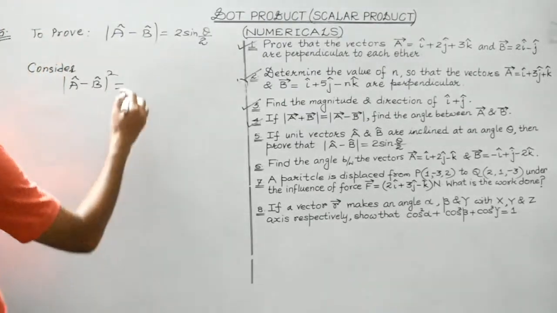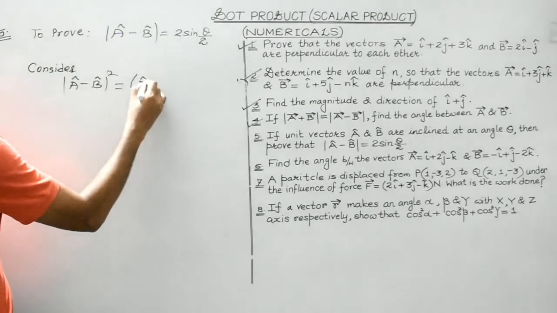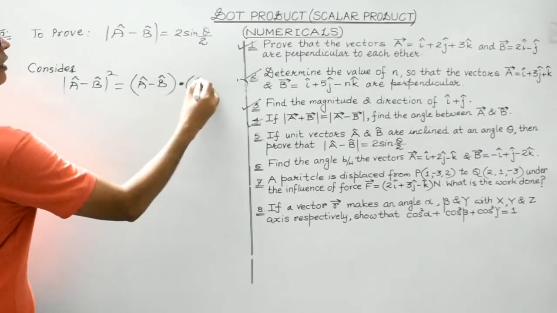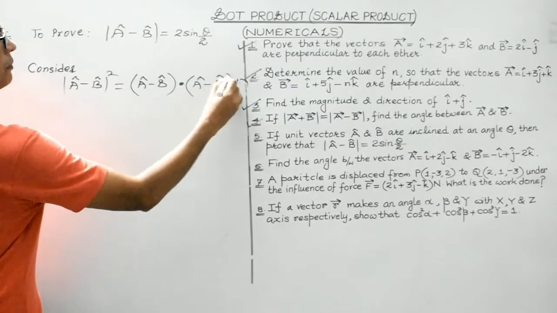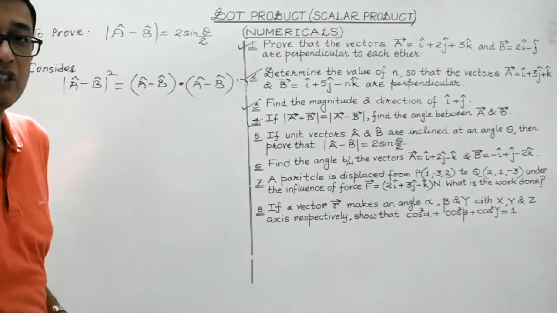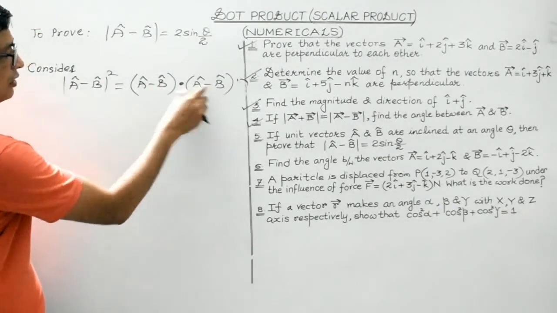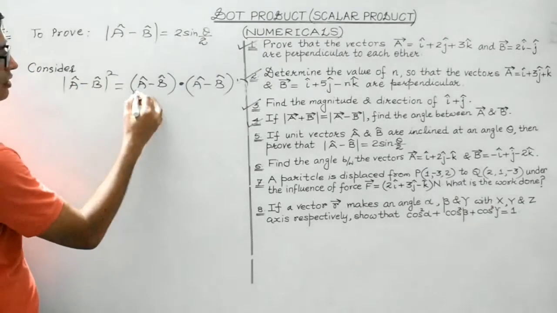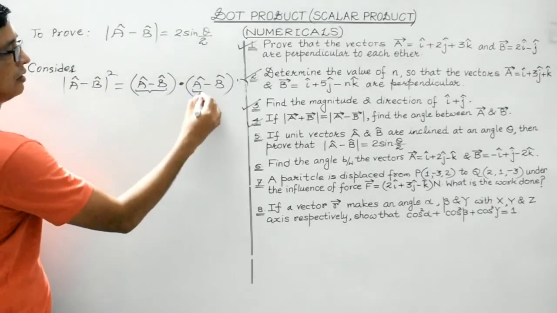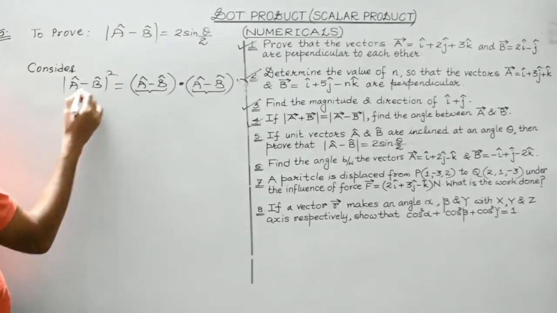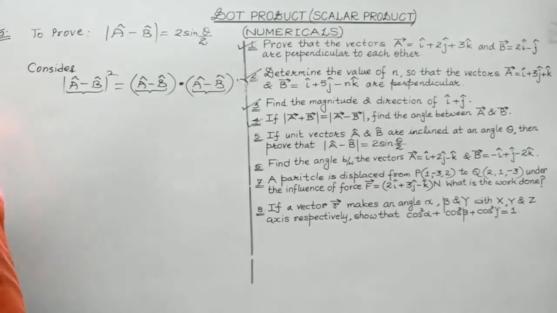It will give us A cap minus B cap dot A cap minus B cap. So which property have I used here? The dot product of two equal vectors will give us the square of its magnitude. This is a single vector. These two are equal vectors, so their dot product would be equal to the square of its magnitude.